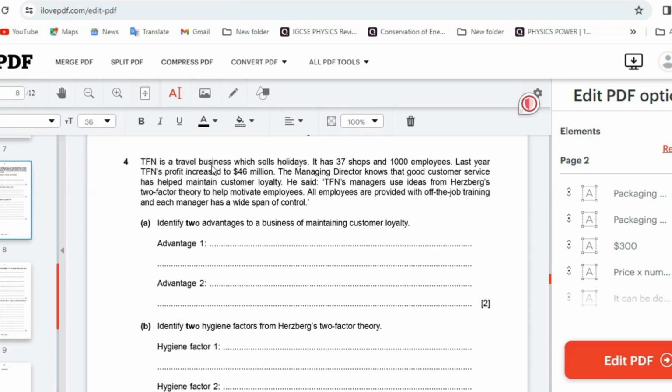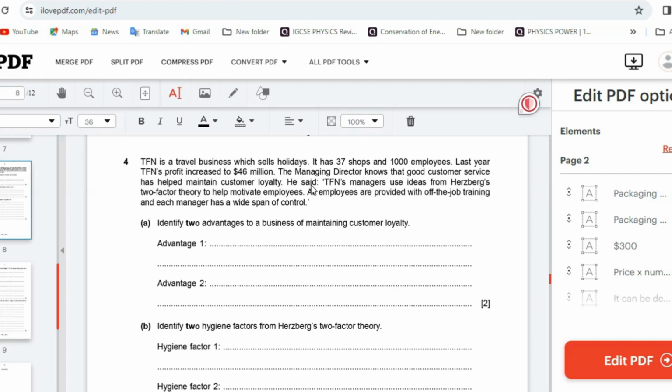CFN is a travel business which sells holidays. It has 37 shops and 1,000 employees. Last year, CFN's profit increased to $46 million. The managing director knows that good customer service has helped maintain customer loyalty.